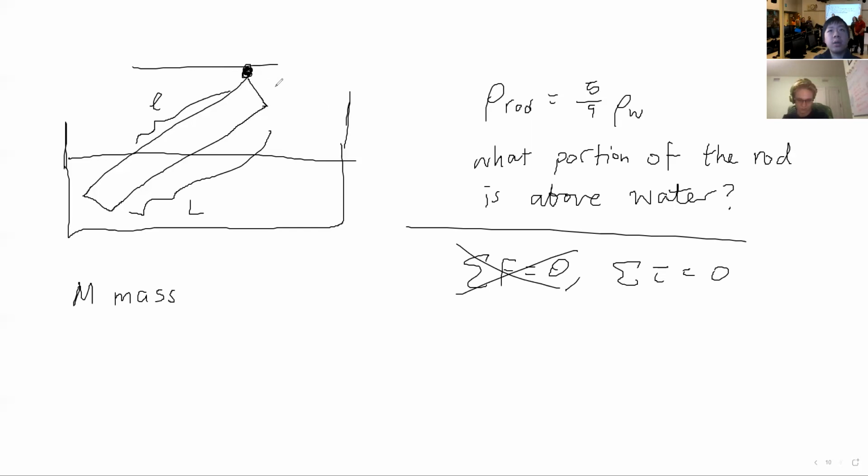We're just assuming it's whatever is necessary to keep the rod from falling or moving from side to side. So we can disregard this because of the hinge on the ceiling, and we're going to focus on the torques. In order for the rod to be in equilibrium, the torque about the hinge has to be equal to 0.